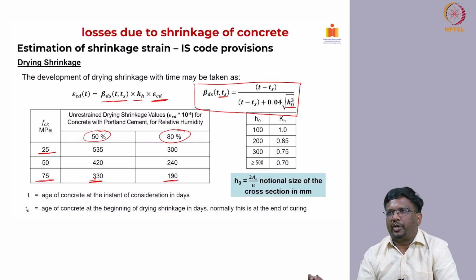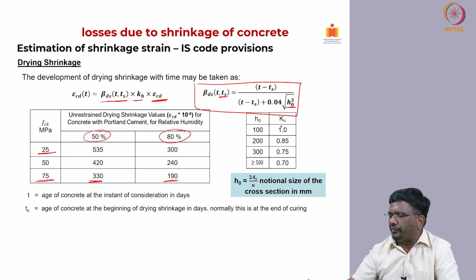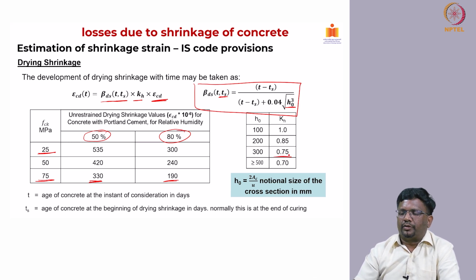Now we also have a reduction factor based on the KH, right? Depending upon your notional size coefficient, the KH factor is defined, and again, the higher the H naught value, the lesser will be your KH factor. So you tend to use a lesser value of strain as the drying shrinkage strain in your calculations.